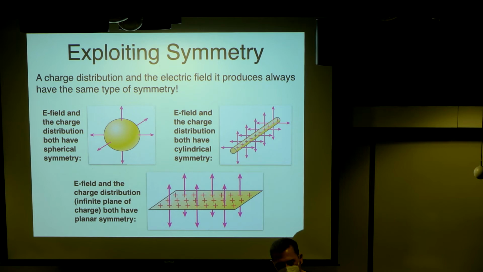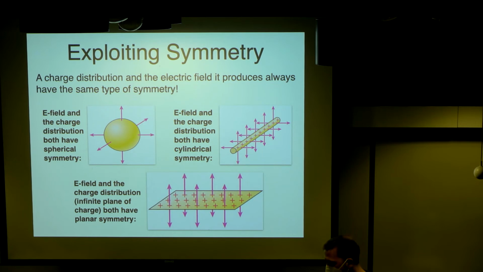Okay, now let's, before we go into the first example, talk a little bit more about this symmetry stuff, because it's a little subtle, and it's important to be able to understand what we're doing here. So the reason we can exploit symmetry is because, when you have a certain distribution of charge, and it has a certain type of symmetry, the electric field it creates has the same exact kind of symmetry.